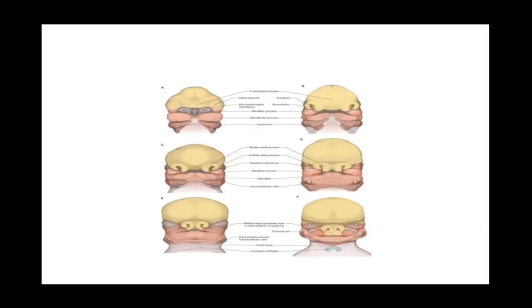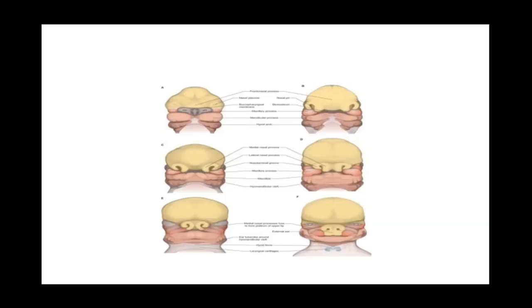This gradually shifts. If you see in the C picture, this is shifting. The medial process is coming more forwards. You can see the maxillary process shifting more medially, and they have fused. The mandibular process has fused. The medial nasal processes have fused with each other, and they are gradually fusing with the lateral, and the medial are fusing with the maxillary process as well.